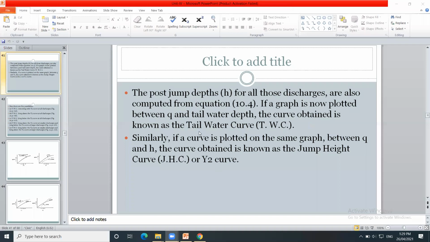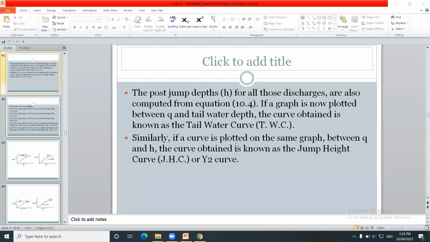The graph between the discharge q and tailwater depth, that curve is known as the tailwater curve.